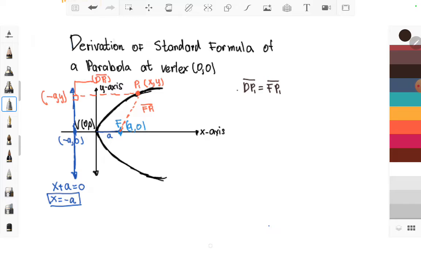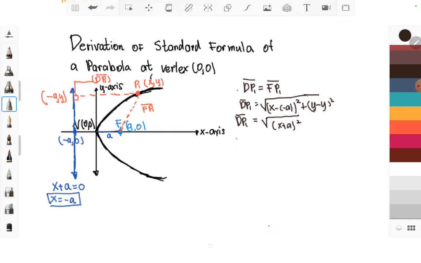So by the distance formula, dp1 equals the square root of (x minus negative a) squared plus (y minus y) squared. Take note that this will prove that they are perpendicular. So my dp1 will be equal to the square root of (x plus a) squared.